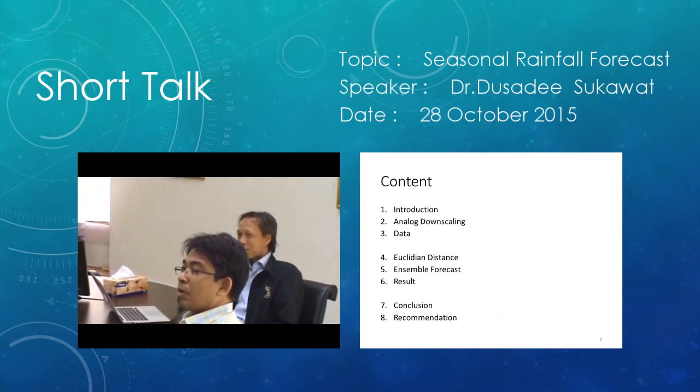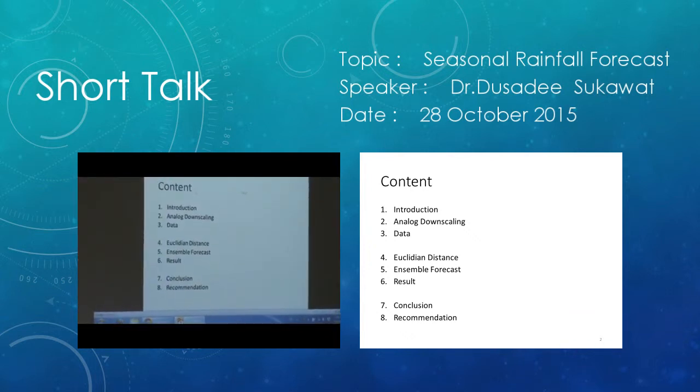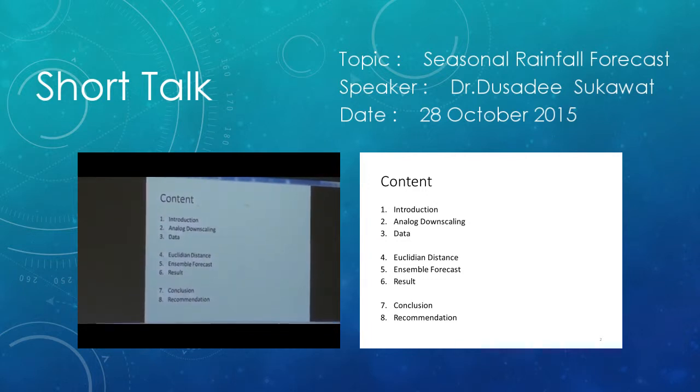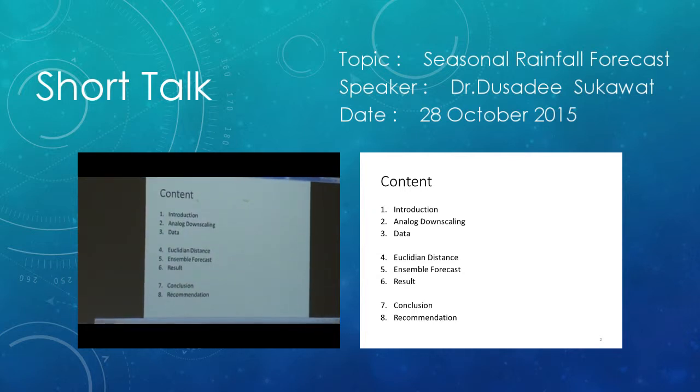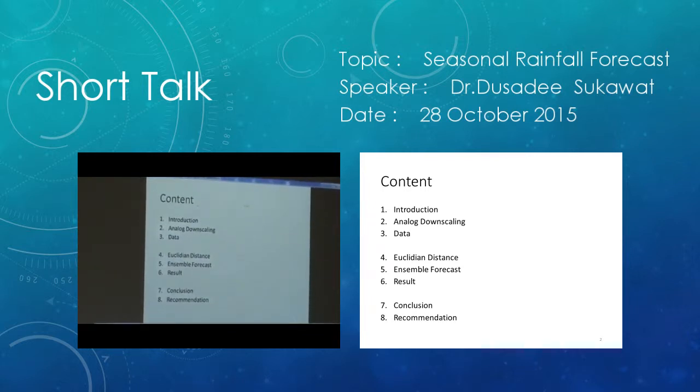Another method is what we call dynamical forecast, that can do the climate change forecast and also can do the seasonal forecast. But this model is very complicated and requires a very high performance computer, or we call supercomputer.